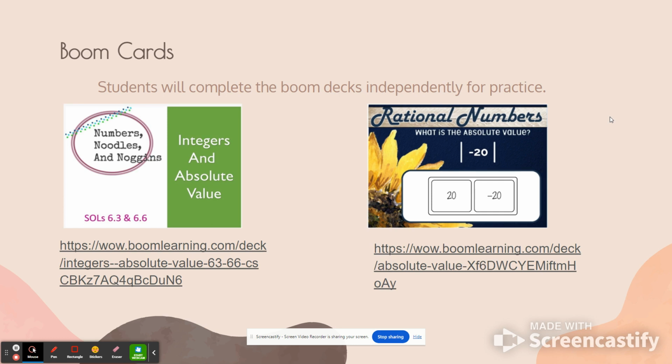for the absolute value. The other one is talking more along the lines of integers and the absolute value, and it asks more in-depth questions throughout the Boom deck.